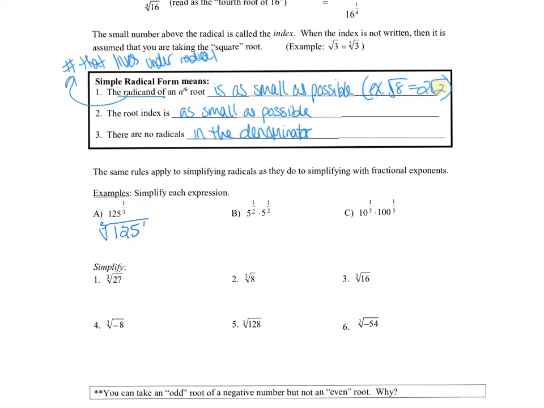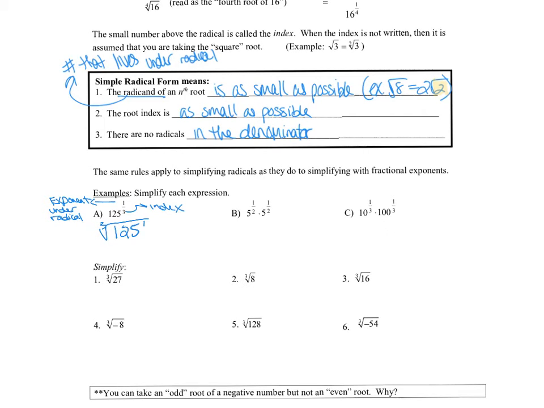Remember that invisible 1. Okay, so the denominator, remember, is the index. The numerator of your exponent is the exponent under the radical, or the exponent of the radicand.